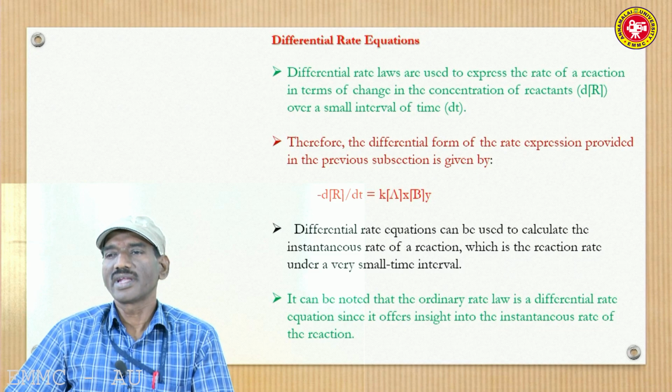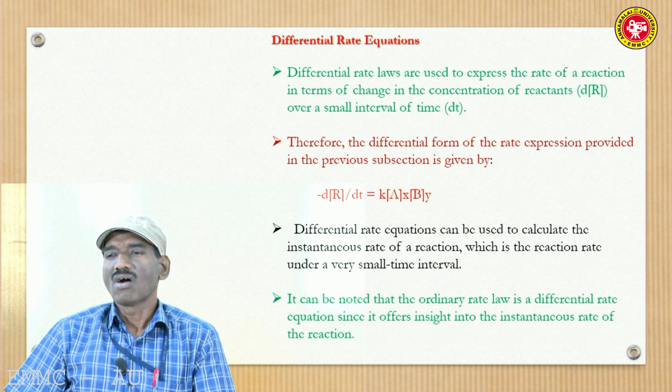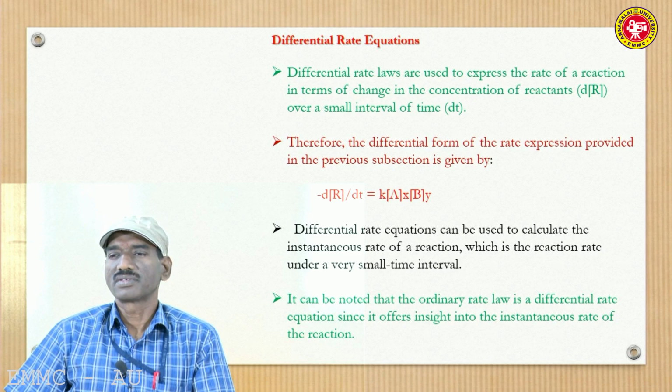The differential rate equation can be used to calculate the instantaneous rate of a reaction, which is the reaction rate over a very small time interval. It can be noted that the ordinary rate law is the differential rate equation, since it offers insight into the instantaneous rate of the reaction.